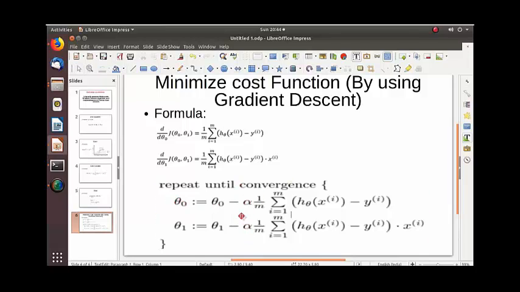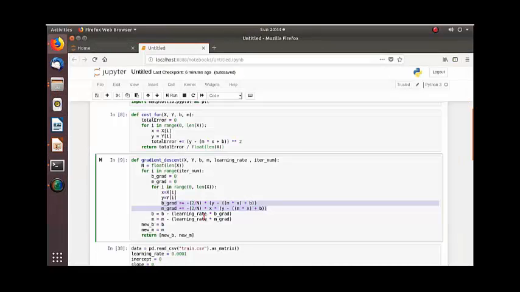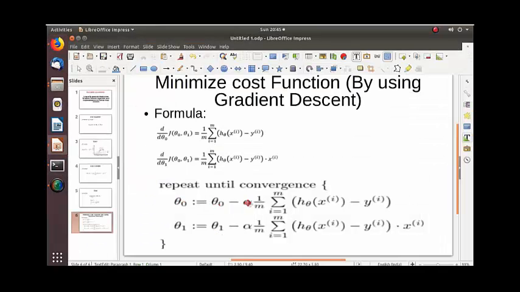I am using these two equations to minimize cost, and then multiply with the learning rate and subtract it from theta 0 and theta 1.